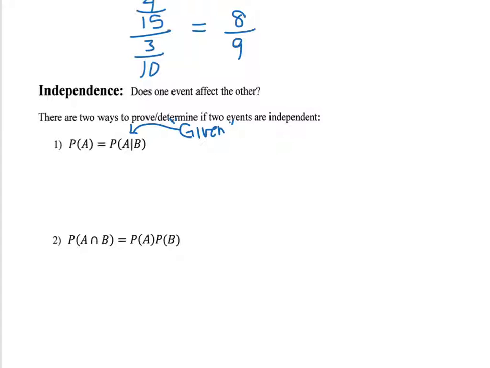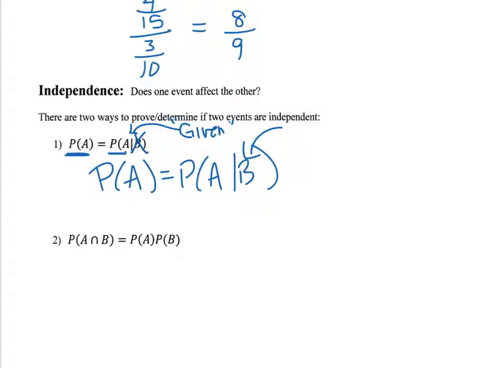So that means it's basically saying the probability of A is equal to the probability of A whether or not B happens or not. So probability of A is equal to the probability of A given B means that B had no effect.